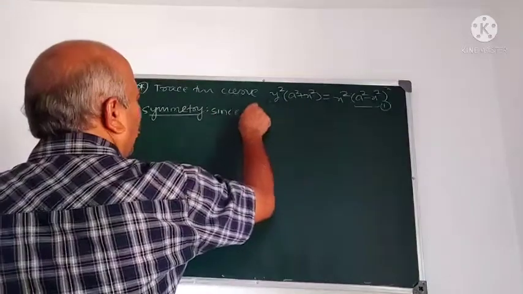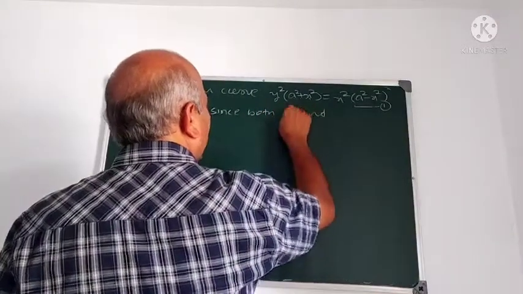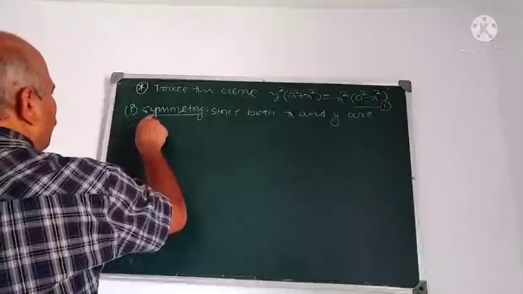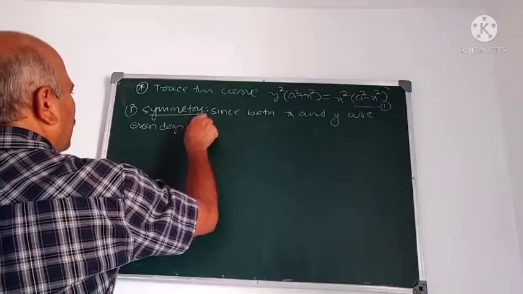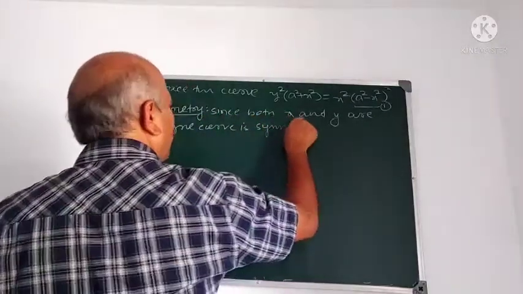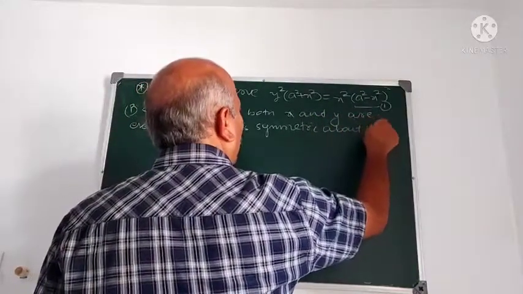Since both x and y are even degree, the curve is symmetric about both the axes.